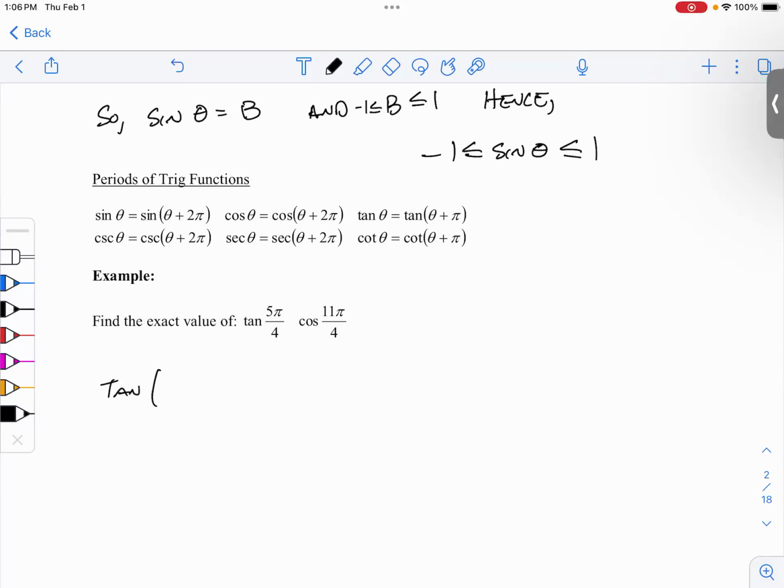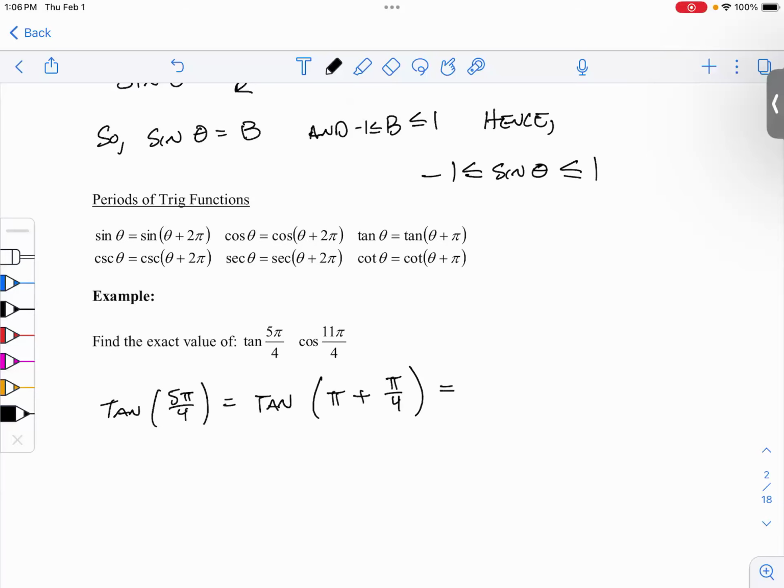Which means if I have tangent 5 pi over 4, that is actually tangent of pi plus pi over 4, which is just tangent of pi over 4. I didn't even need to use reference angles there.